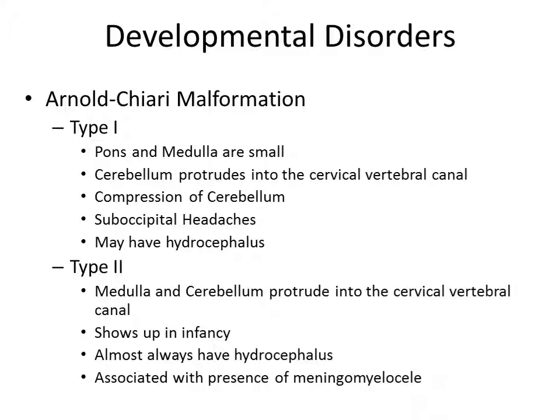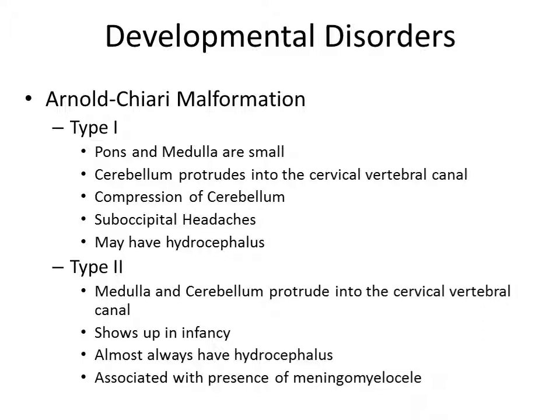Hydrocephalus is present the majority of the time, I'm going to say. I'm not going to give you a percentage because I wouldn't know off the top of my head. But the majority of cases, these infants will have hydrocephalus. And they often will have a meningomyelocele, which is a type of spina bifida. So you've got this abnormally small pons and medulla.